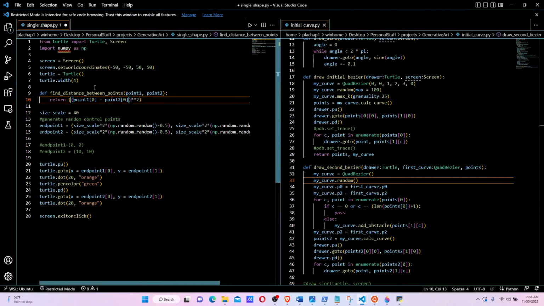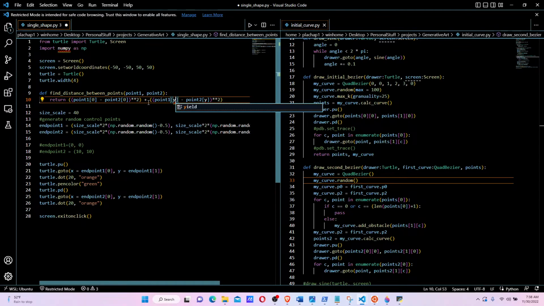And then you take, pretty sure this is it, that whole thing, add to it the same thing but the y's, the differences between the y's squared. Because it's just the triangle, the Pythagorean theorem.